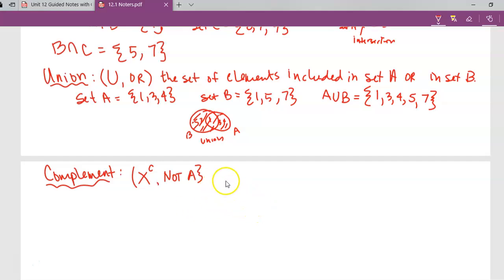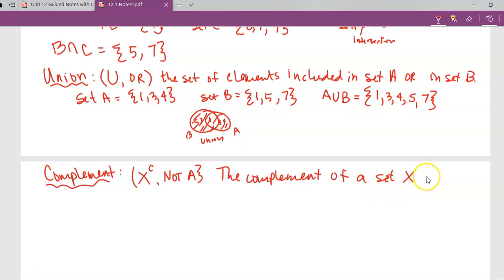So the complement of a set X. Okay, so here X is just the capital letter that's denoting which set I'm talking about. So if there would be a set X somewhere, it shows me what it is. And then the complement means I'm taking everything that's in the sample space that's not in X. So it's kind of like the opposite of set X. So let's see how to write this down.